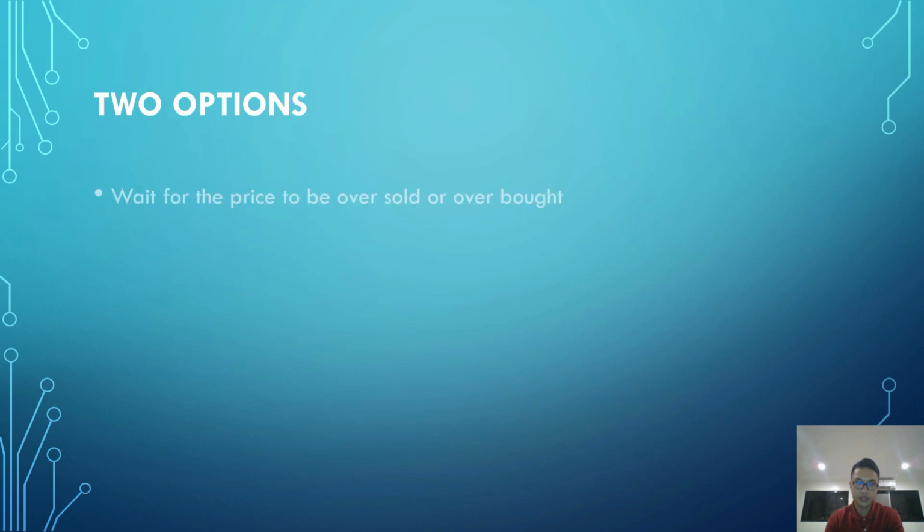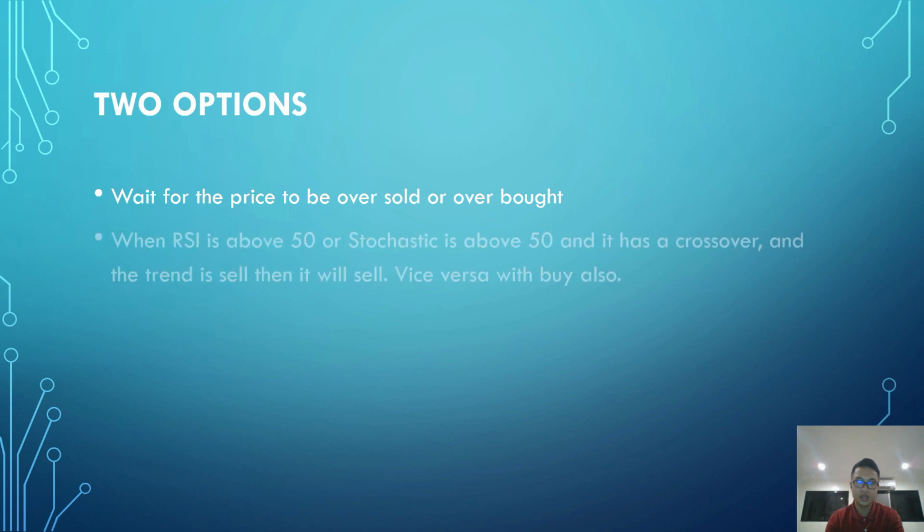So you have two options actually. You wait for the price to be oversold or overbought, or when RSI is above 50 or stochastic is above 50 and it has a crossover, and the trend is sell, then it will sell. Vice versa with buy also.